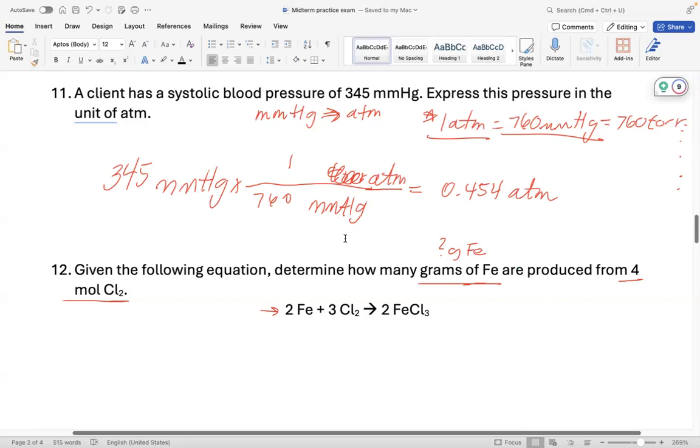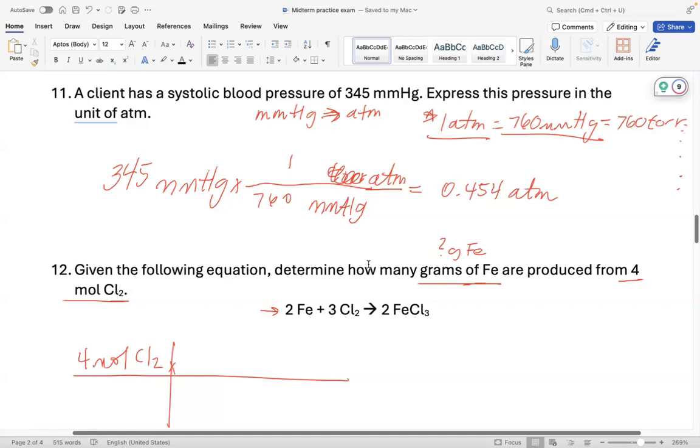So I'm going to start with my given, moles of Cl2. My given is already in moles, which is great because now I can immediately switch substances. Remember, I have to be in moles in order to switch substances. And I'm going to use those coefficients from the balanced equation, which is already balanced.